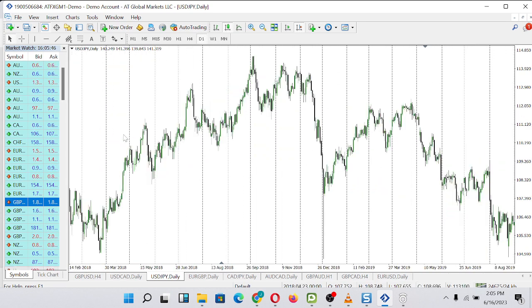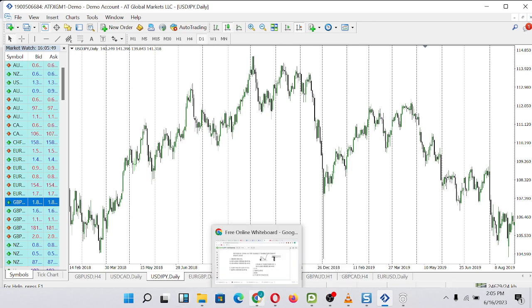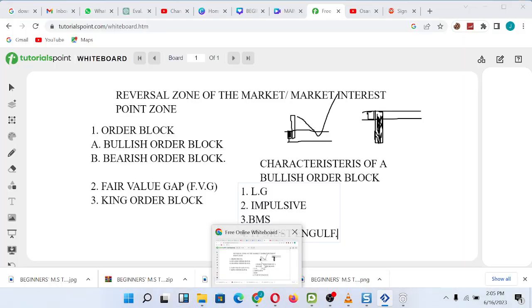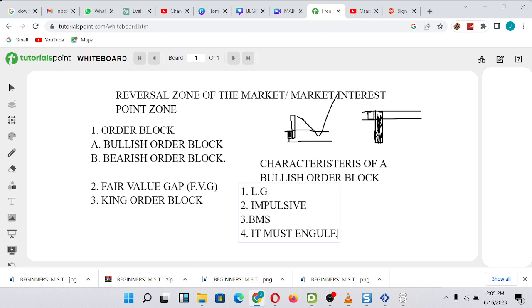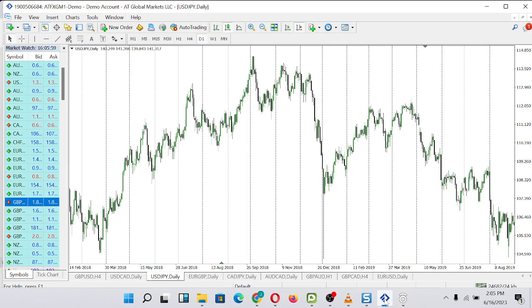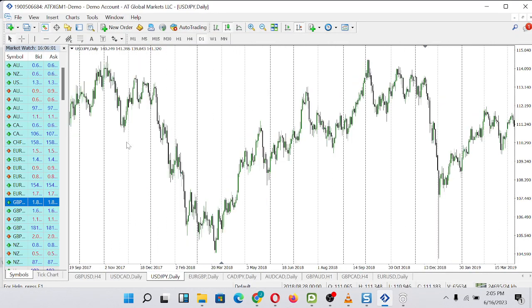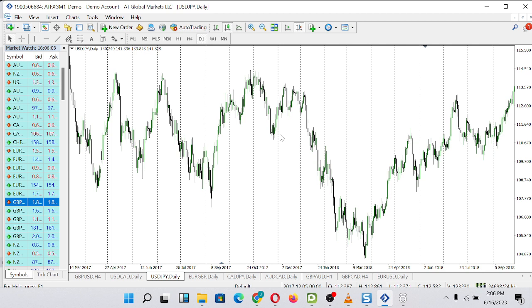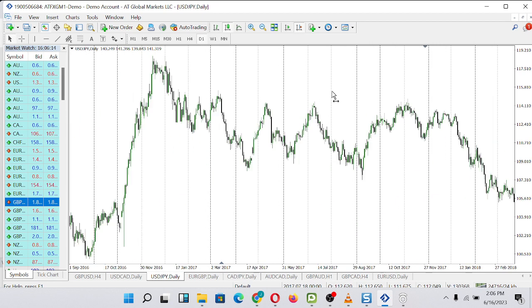If we have the characteristics of the bullish, you indirectly know that it will be the opposite when we are looking for the bearish. So for bullish and bearish, you have to maintain the characteristics: fair value gap, impulsive move, break in market structure, and engulfing, right?